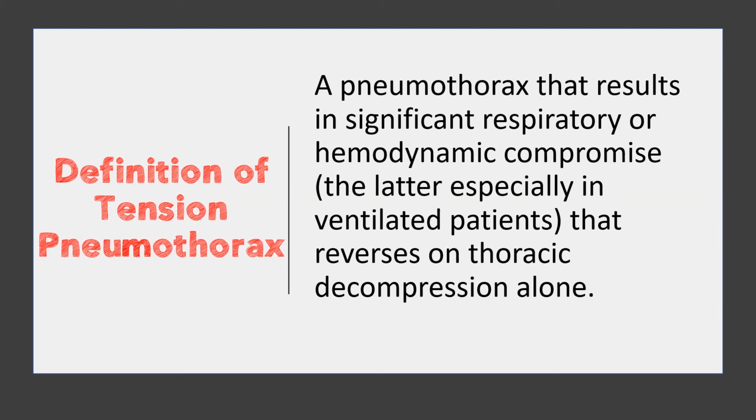And I think that it is true that sometimes you won't know if the patient has a tension pneumo or not until you decompress their chest. And if you have a successful decompression and the hemodynamics and SpO2 and vital signs improve, then that is the best way to confirm that the patient did in fact have a tension pneumothorax.